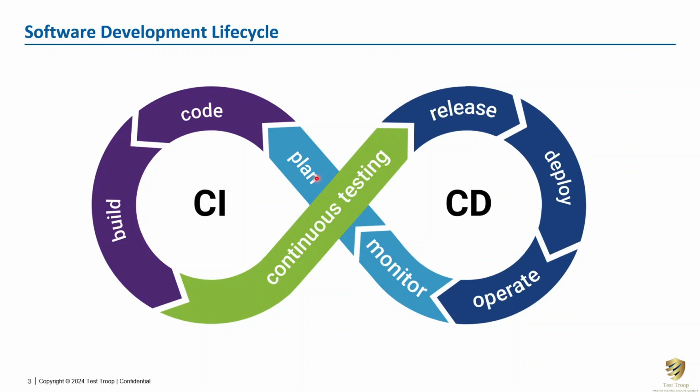This includes planning: define the goals and requirements; code: develop the application; build: compile and package the code; test: validate the application; release: prepare the software for deployment; deploy: deliver the software to the production environment; operate: maintain the application in production; monitor: continuously track the performance and usage of the application in the production environment. To understand CI/CD better, we will only focus on development, testing, release, and deployment.